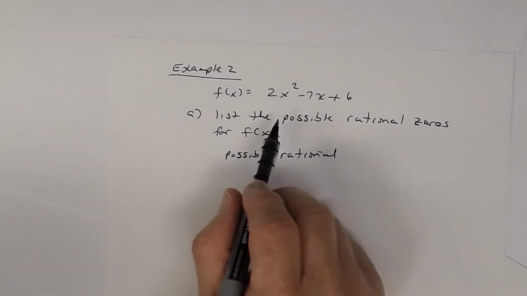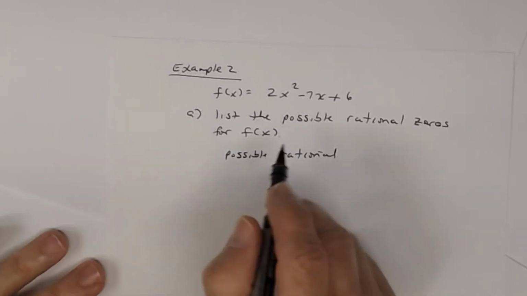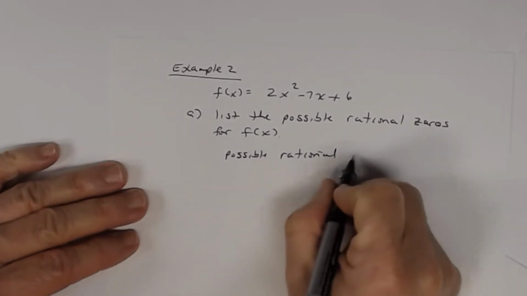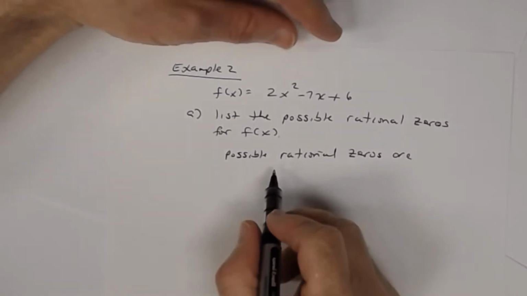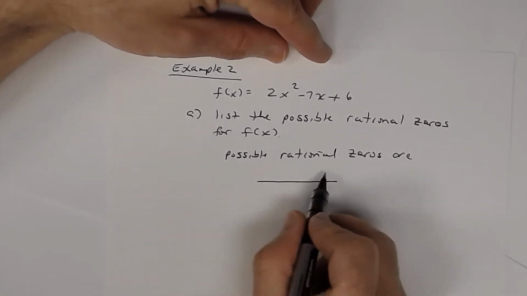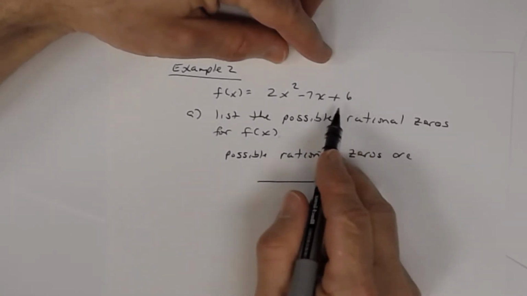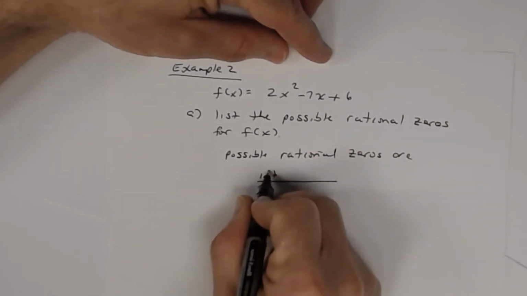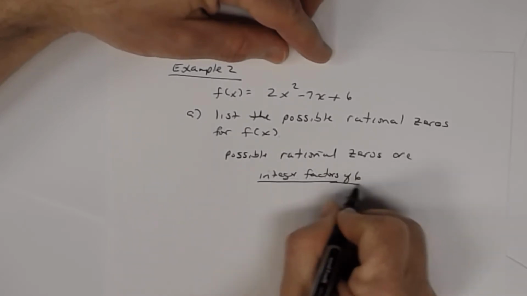And the rational zero theorem says that if you have any rational zeros, then it'll be one of these that we're about to list. So the possible rational zeros are, remember, P divided by Q. P are the integer factors of your constant coefficient, so the integer factors of 6.